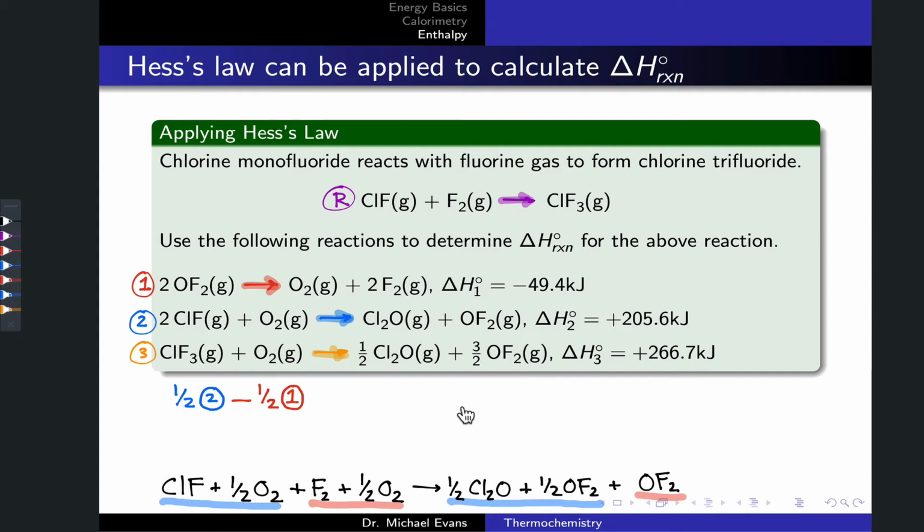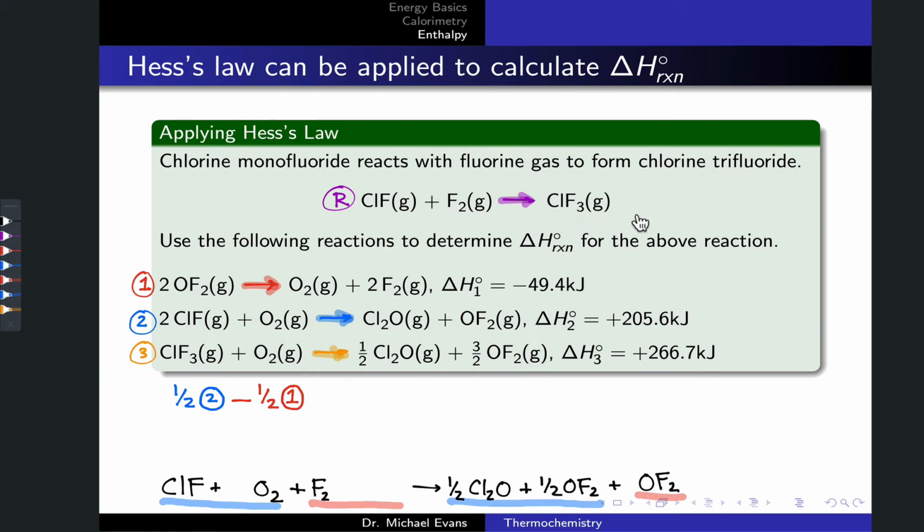Looks like we've got a long way to go, but it's actually not as bad as it seems. For example, we can combine this 1/2 O2 and this 1/2 O2 into just one equivalent of O2, just to simplify our lives. I'm going to go ahead and do that now. And we can see that in terms of chemical species, the only thing missing is ClF3. And this can provide us with a way forward, right?